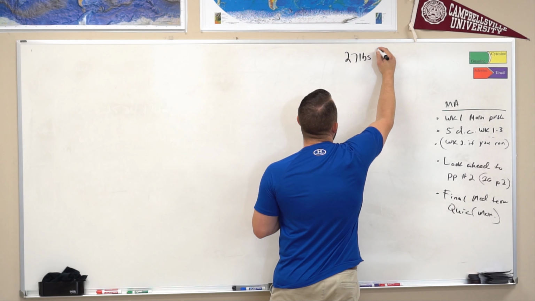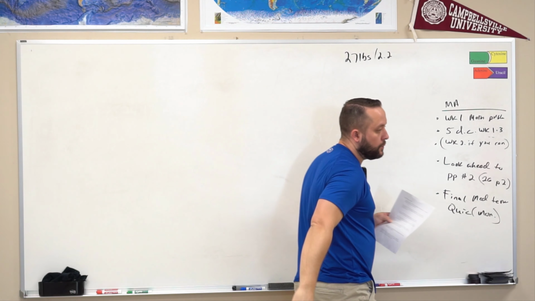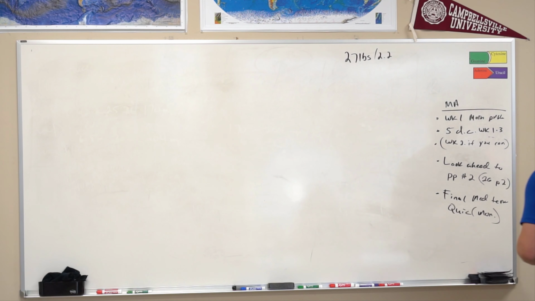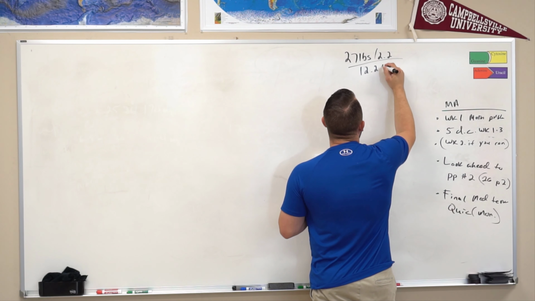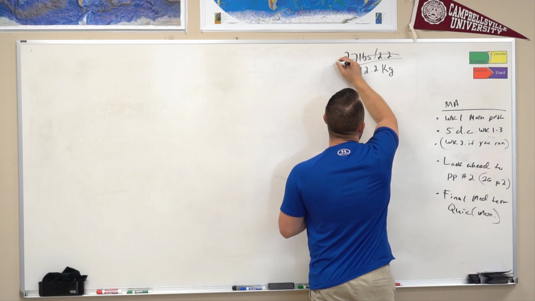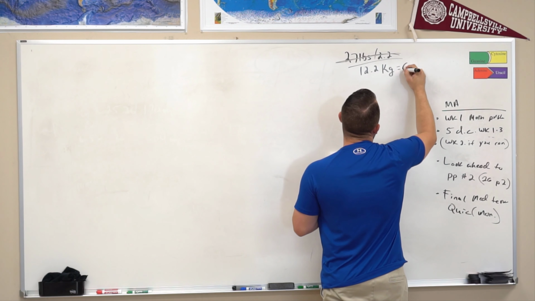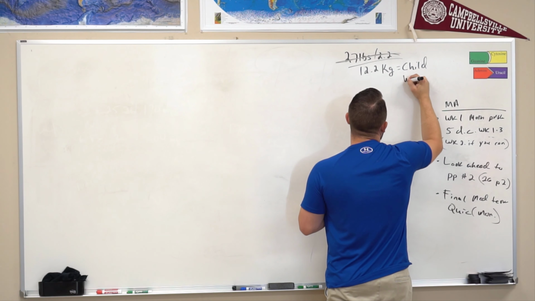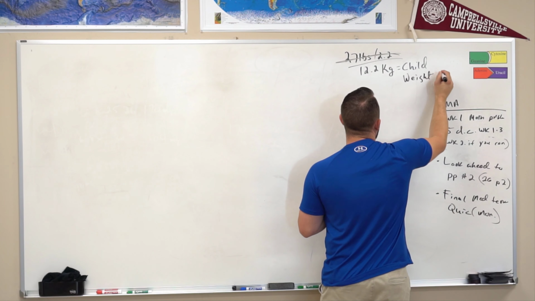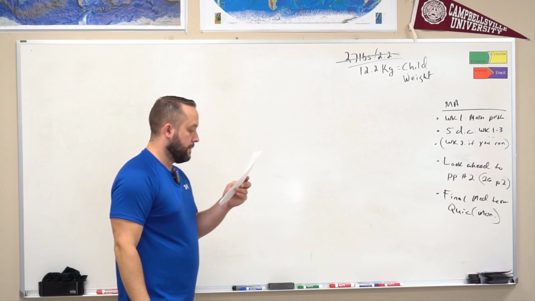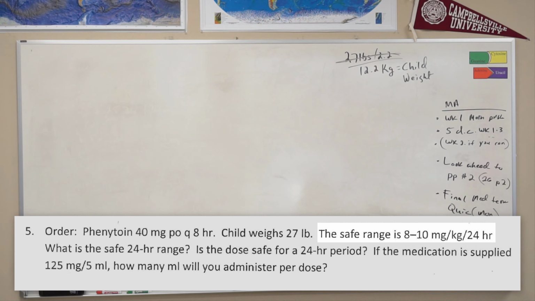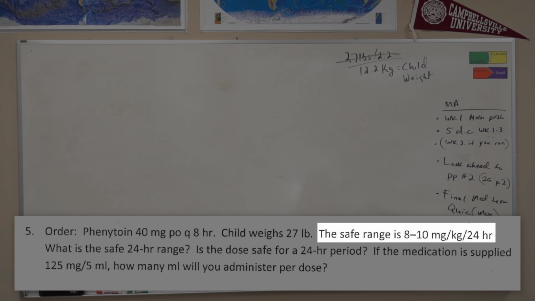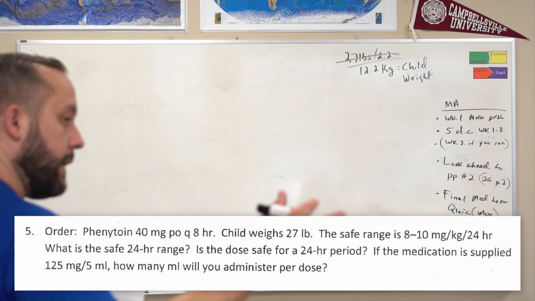27 pounds divided by 2.2. 12.2 kilograms. Okay. 12.2 kilograms for the child's weight. So what's the safe range for this child? 8 to 10 milligrams for what?